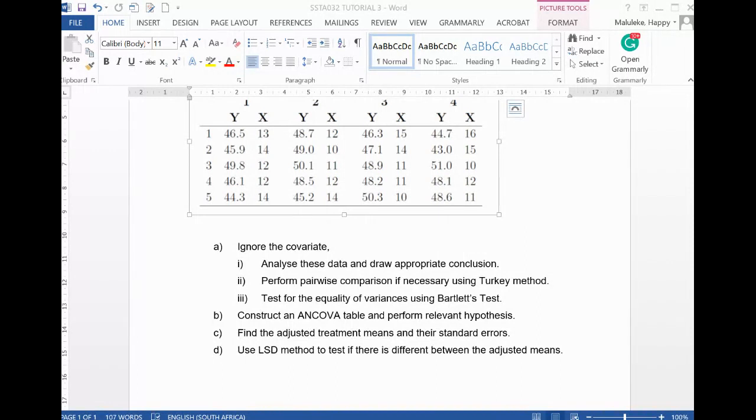Where did you do the adjusted means? Is it under CRD or under ANCOVA? This one is ANCOVA. So it means you are going to use the means that you adjusted. It's clear, Mr. Smanga. You use the adjusted means.